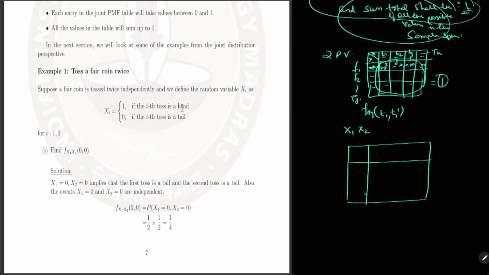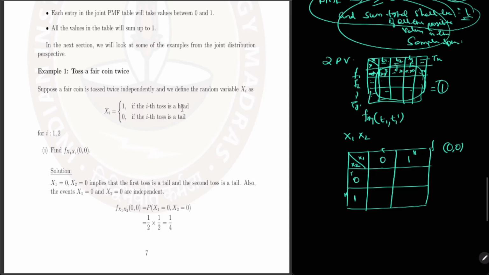X1 has two values, 0 and 1, and X2 has two values, 0 and 1. Now both are tails, 0, 0. So we write f of X1, X2 at 0, 0.